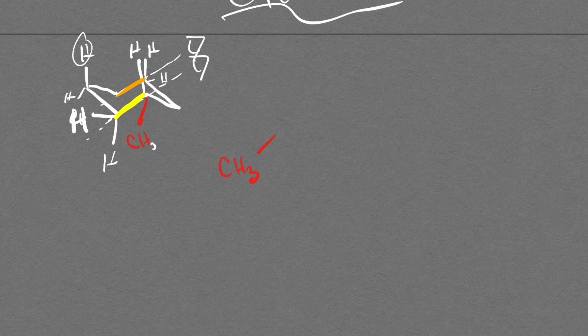All right, and then we've got a hydrogen that's coming straight up. And then we've got this bond here. That's going to come down here and go back up. So that's our yellow. All right, and in the back, we have another interaction that goes that way. So that's going to go up.